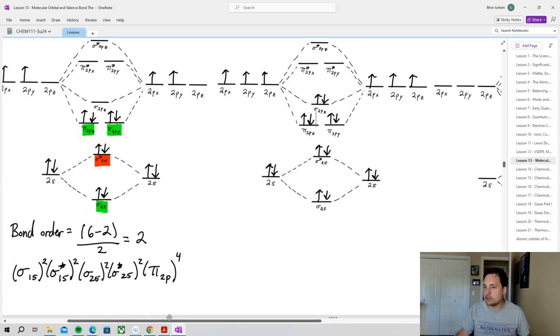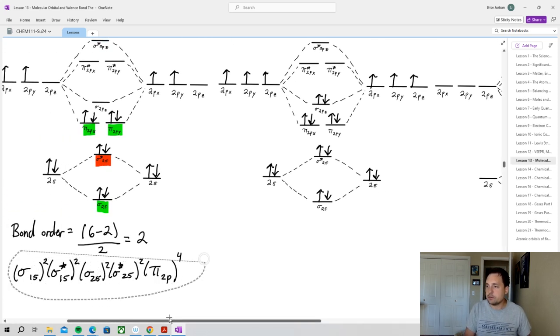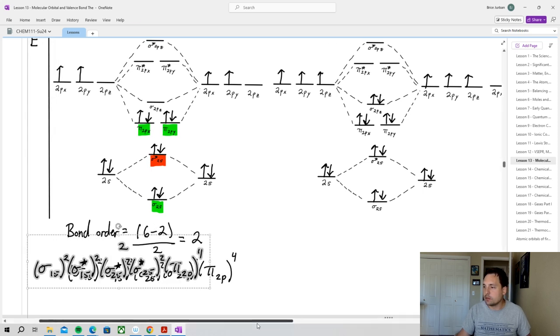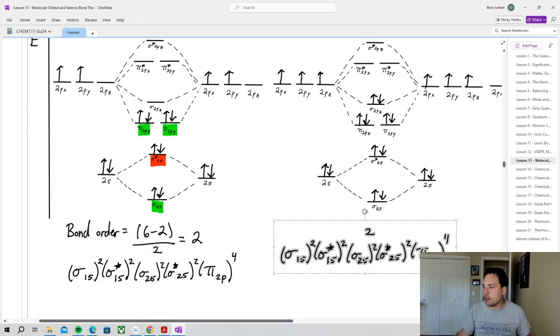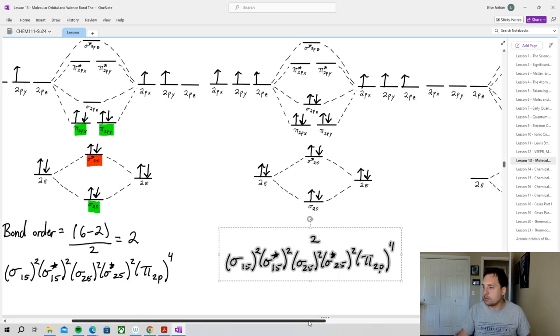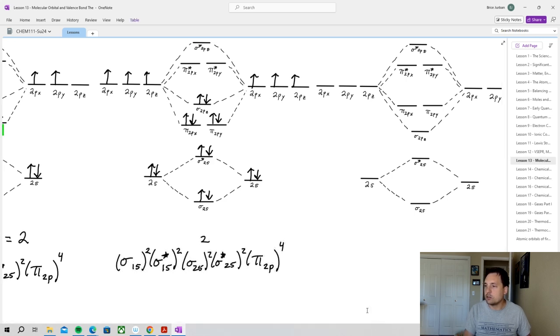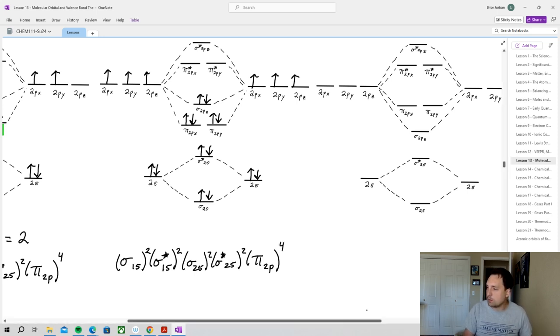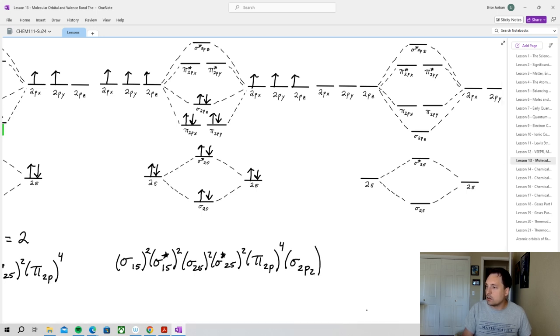All right, so in this case, we end up getting a molecule of nitrogen that's going to have a lot of stabilizing interactions. So it's very favorable for nitrogen to come together with another nitrogen, because now all we're doing is adding in the sigma 2pz, or you could just write sigma 2p electrons.